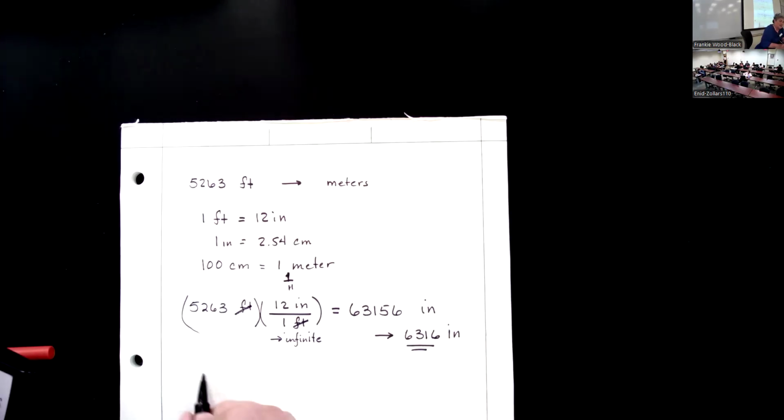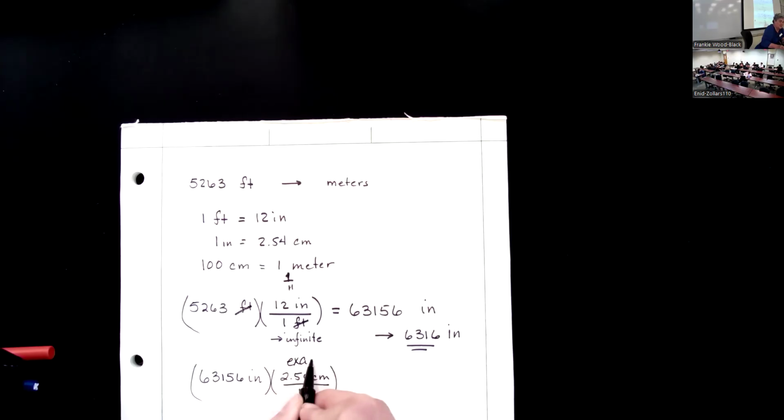So now I'm going to do my 63,156, and that's inches. And we know that there are 2.54 centimeters per inch. This one is also exact, so it has infinite significant figures. So I'm going to multiply that by 2.54.